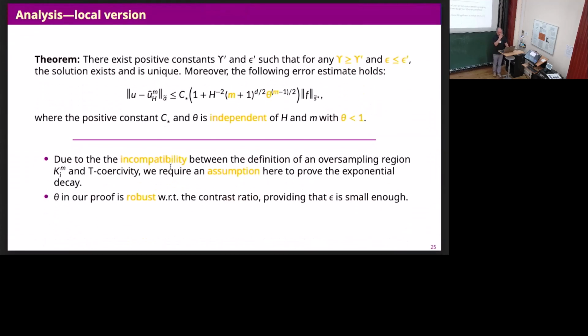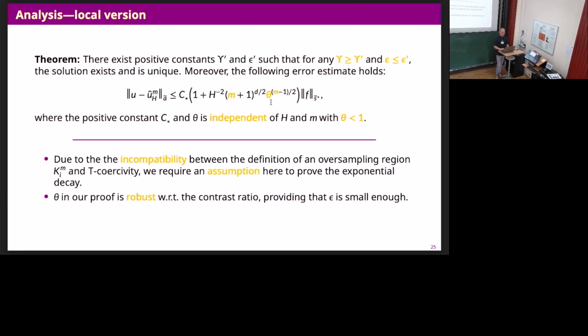Next, let me go to the local basis. For the local basis, we obtain this error bound. Again, this UM is a solution, and M is the size of the oversample domain. This means we use the local basis to solve the PDE, and this is the bound.